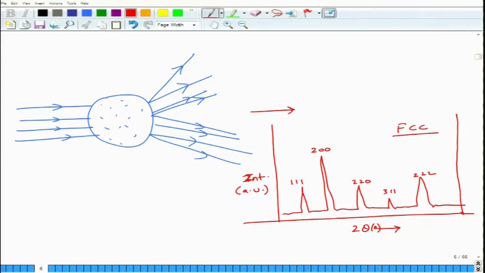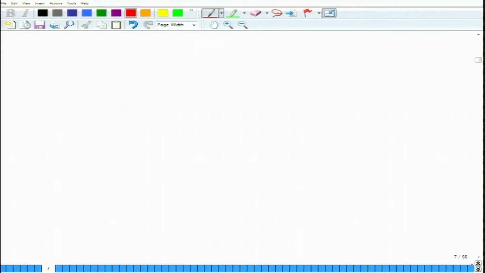What we observe normally in an X-ray diffraction pattern of a real crystal is different from the ideal. Ideality requires n lambda equals 2d sin theta, which means we must have the value at a fixed theta.